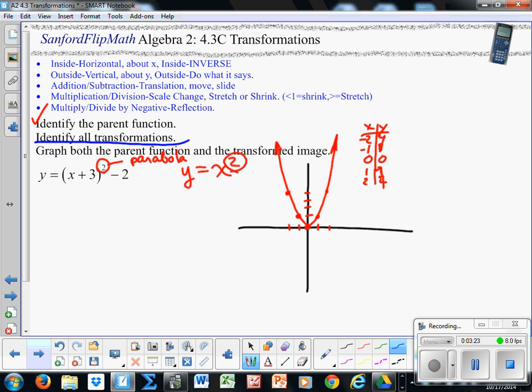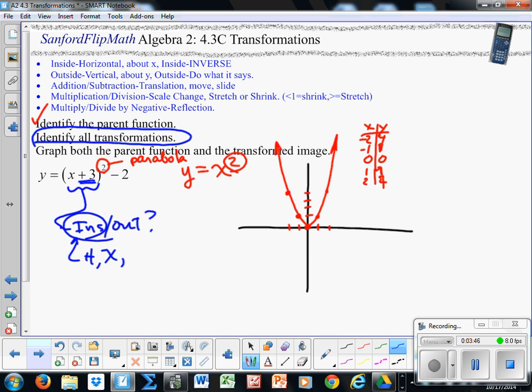Identify all transformations, so any changes to the graph. So I see an x plus 3 here. The questions you need to ask yourself: is that x plus 3 on the inside or outside? Well, that's inside. So if it's on the inside, it's horizontal, it's about x, and the next question is, what's going on?